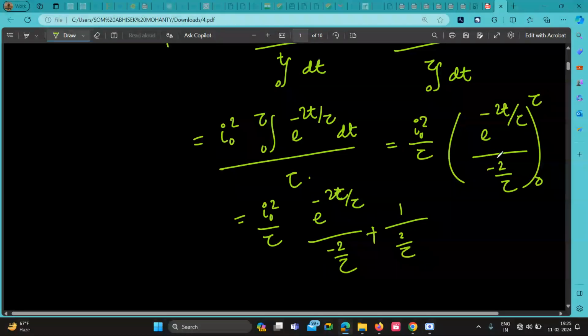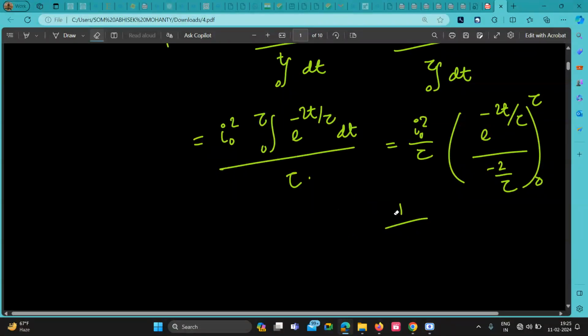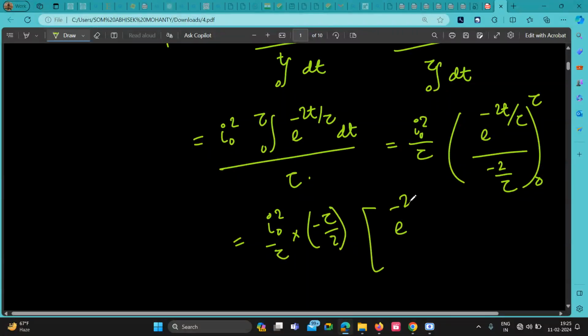Otherwise, we can do one thing. Let's take this minus 2 by tau out because it's too confusing otherwise. So take this out: I naught square by tau into minus tau by 2, times e to the minus 2 tau by tau minus e to the power 0.